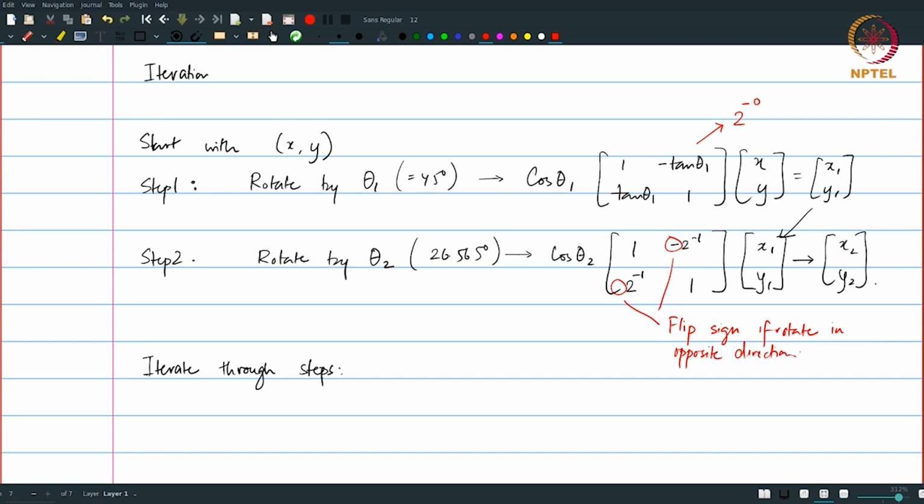As long as I have done this and I rotate through all of these angles, I'll find that the cos values, cos theta 1, cos theta 2, etc., are just accumulating.